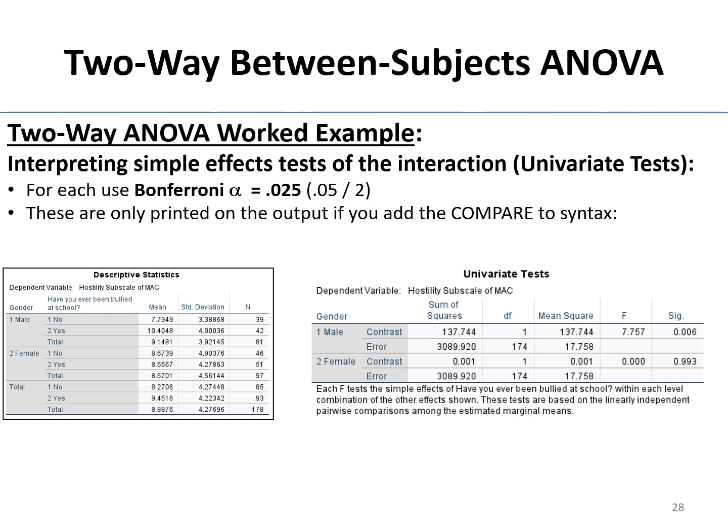So anyway, 0.006 is less than 0.05, so we would conclude that there's a significant difference between males who are bullied and not bullied, based on our Bonferroni corrected alpha level 0.025. So, who's more hostile? You just look at your means there. You have to find the overall mean for people who were bullied and the overall mean for people who were not bullied.